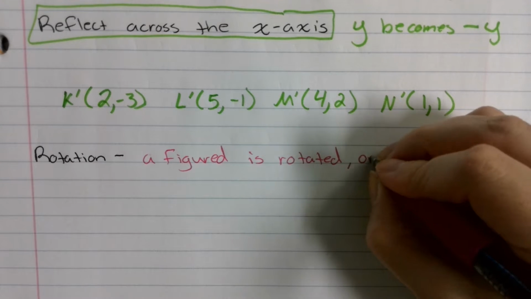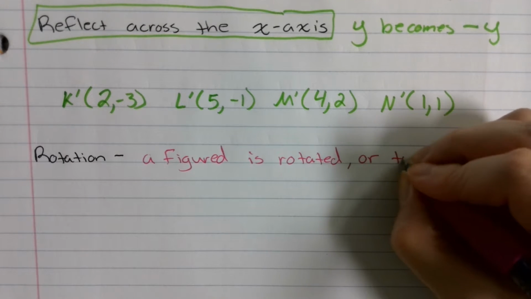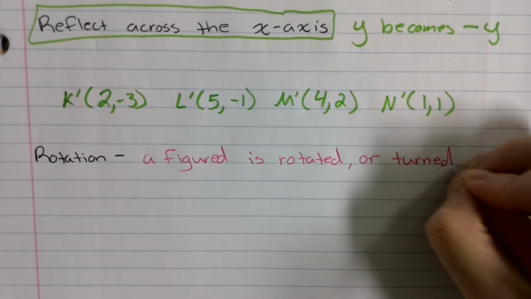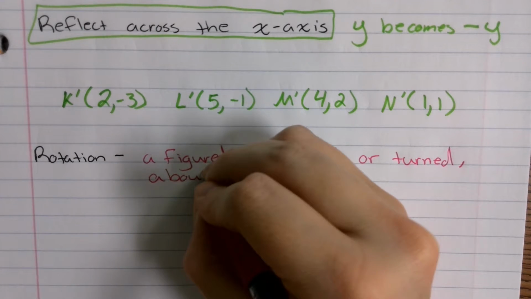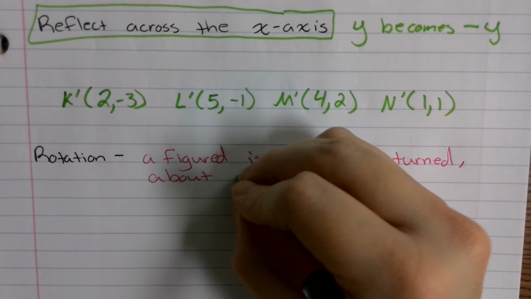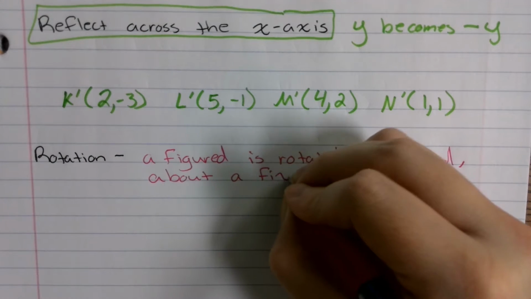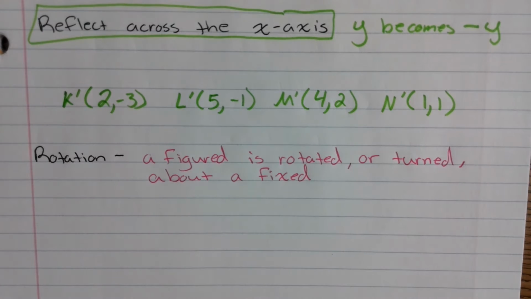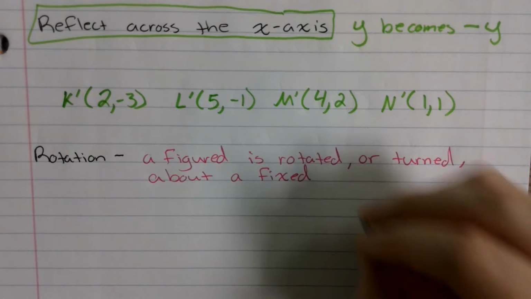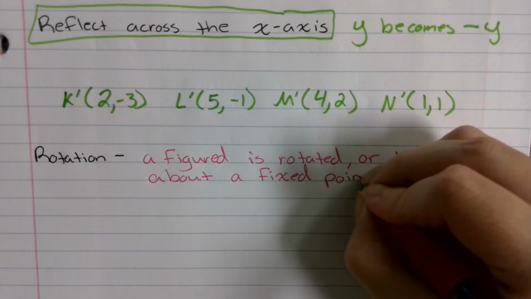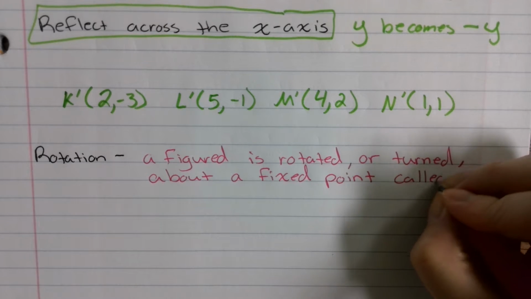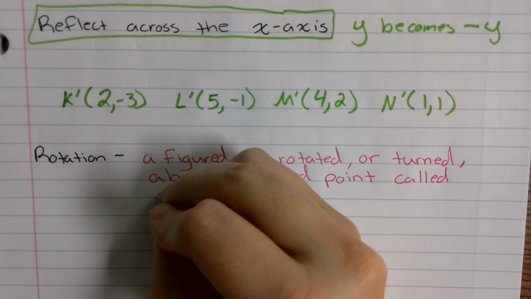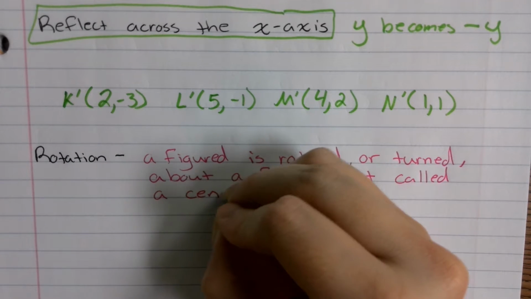Good. So it's a figure that is rotated or turned. There's your slang. About a fixed point. Now, this year, our fixed point is always going to be focusing on the origin. We're always going to focus on the origin. That's the rules that I'm going to give to you, is just those fixed points about the origin. And that fixed point is called your center of rotation.